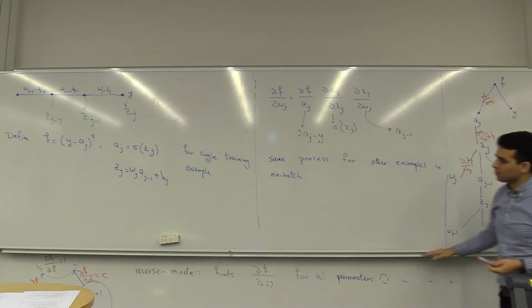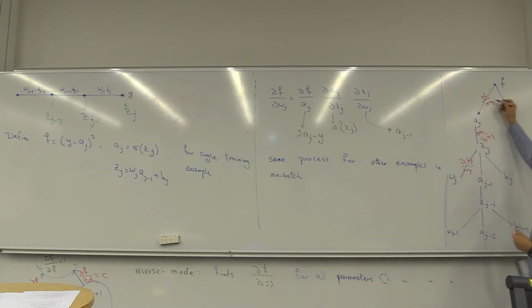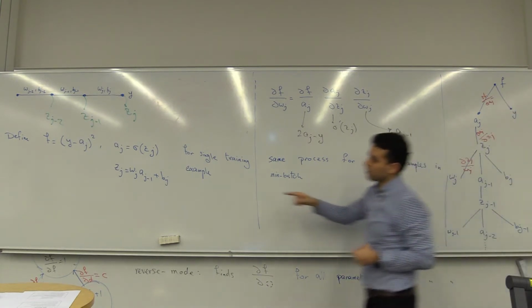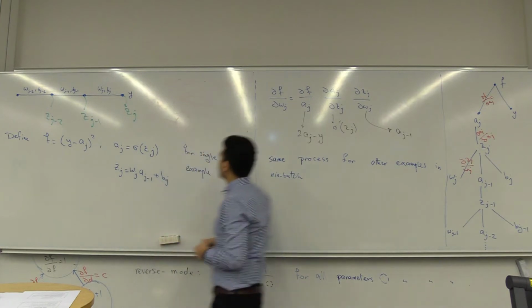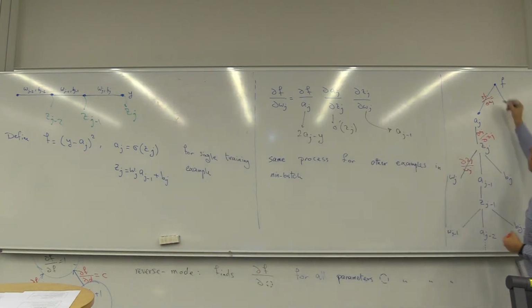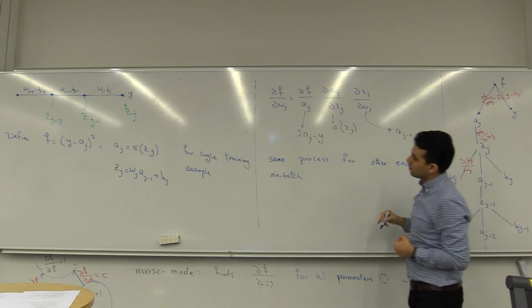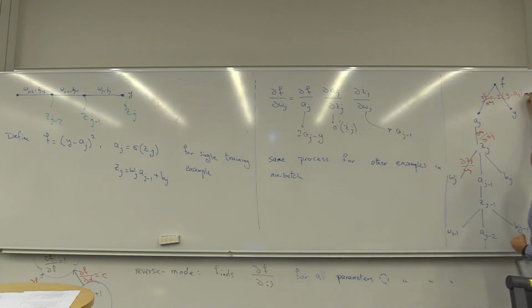So what does it mean? It means that if you find this guy, what is this? This is, for this objective function, 2 times that guy, right? So minus 2 times (y minus Aj), okay? Or 2(Aj minus y). Okay, so do you have that?